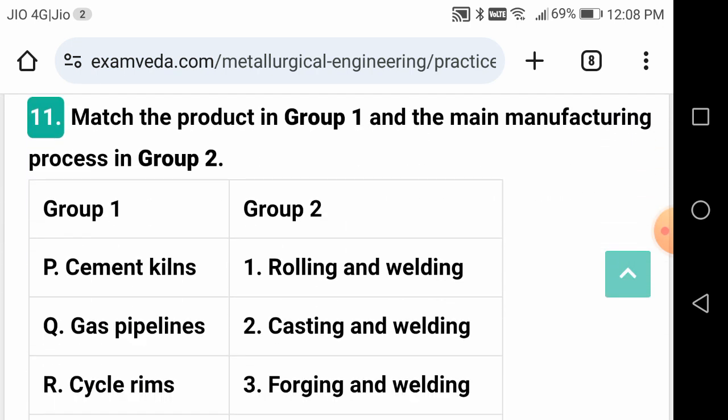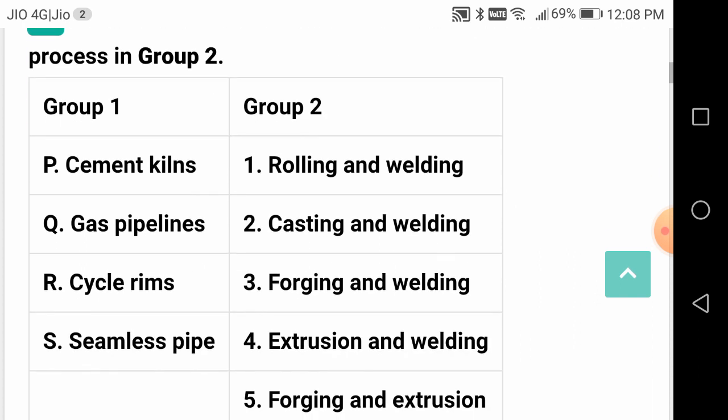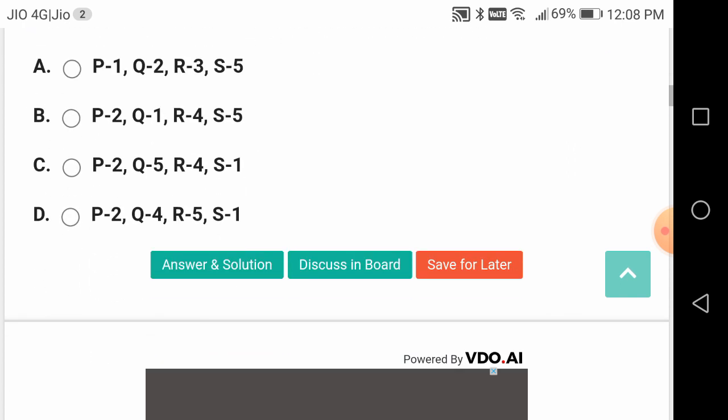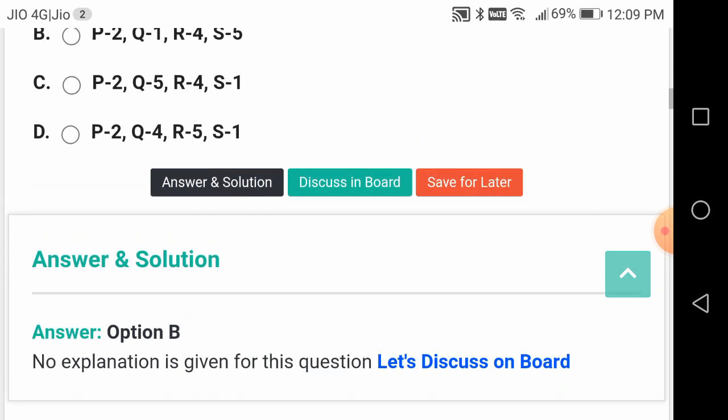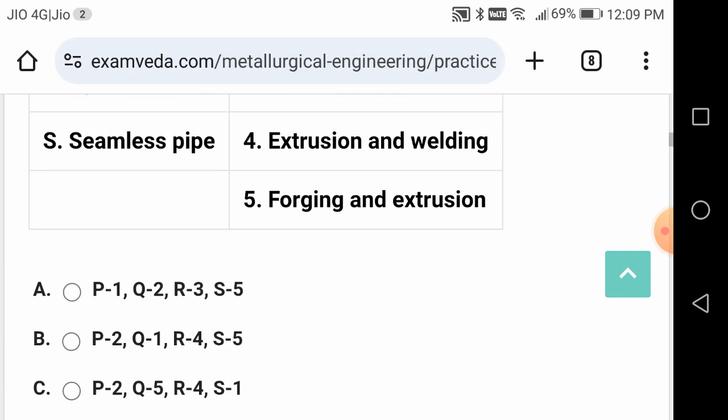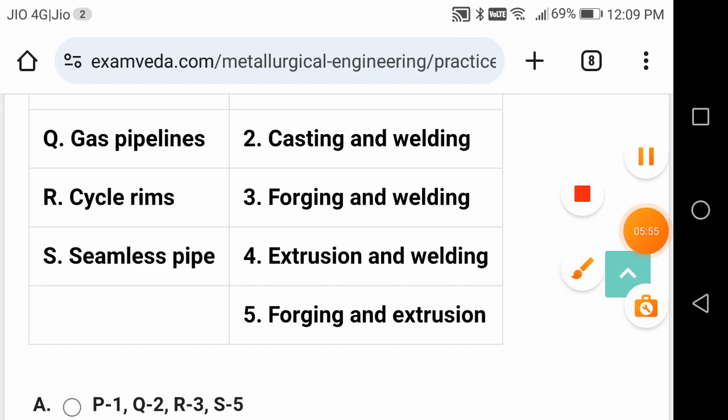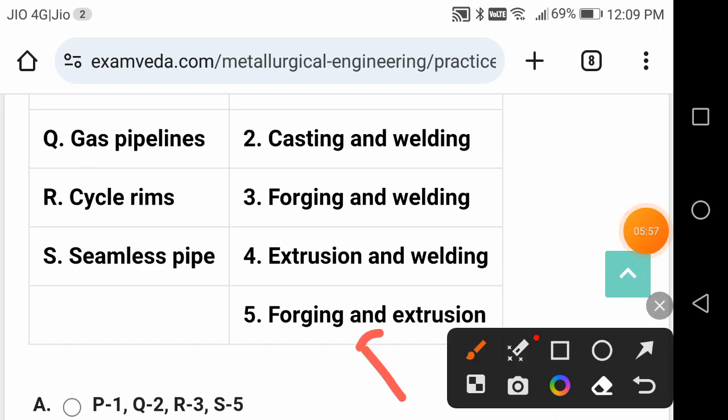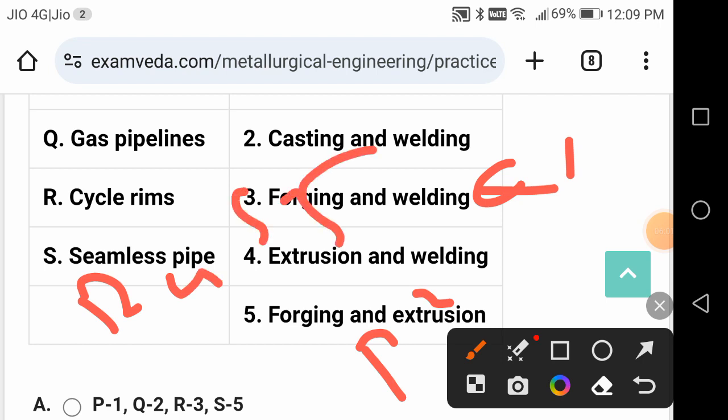Match the product in group 1 and the main manufacturing process in group 2. What's the answer? B. P2 Q4 R5 S1. So what is this?